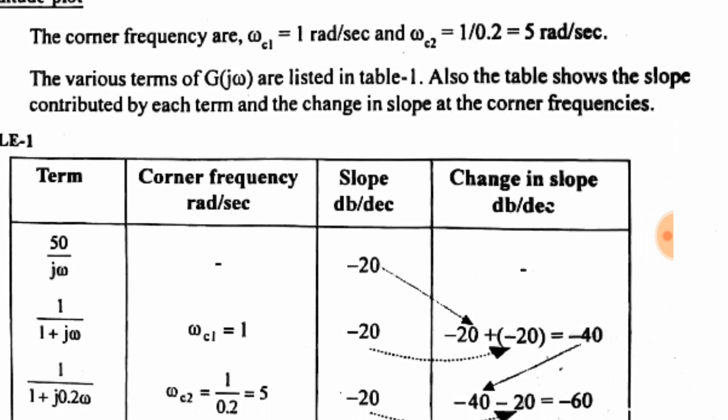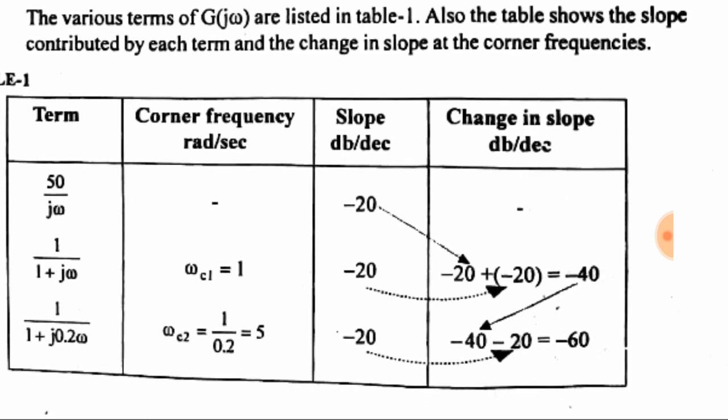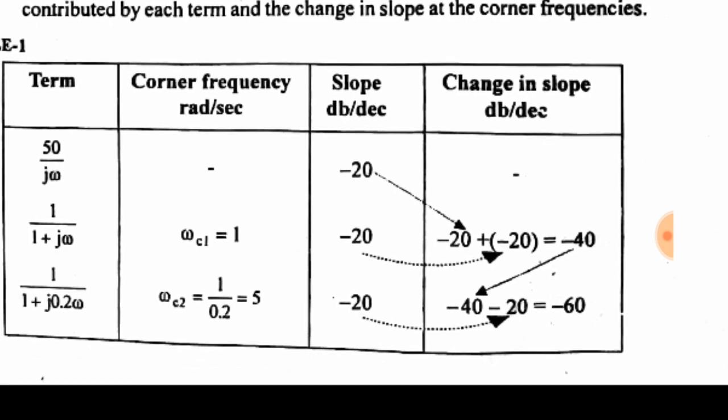Here also j omega is in the denominator, so it will be minus 20 dB, and its corner frequency is 1 radian per second. Now the change in slope, minus 20 plus minus 20, is minus 40. And for the other term, similar things apply. Change in slope is equal to minus 60.